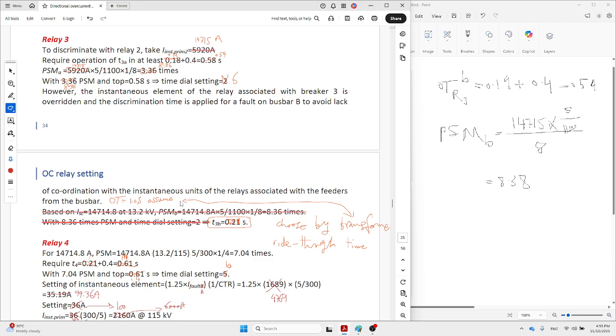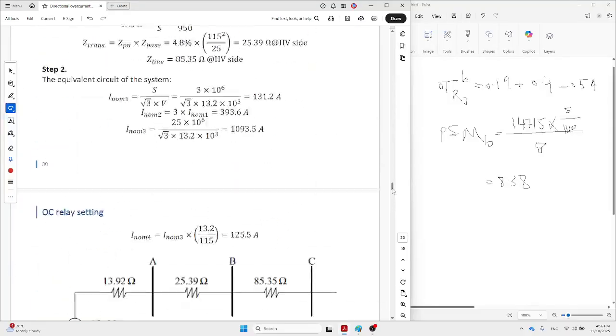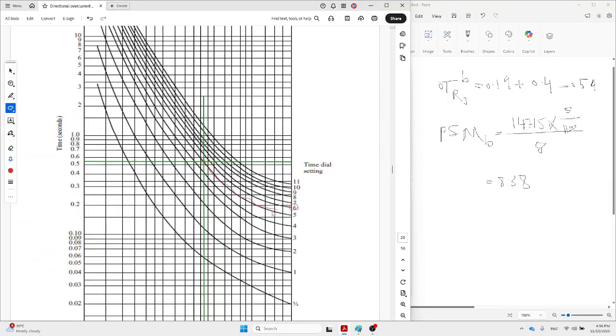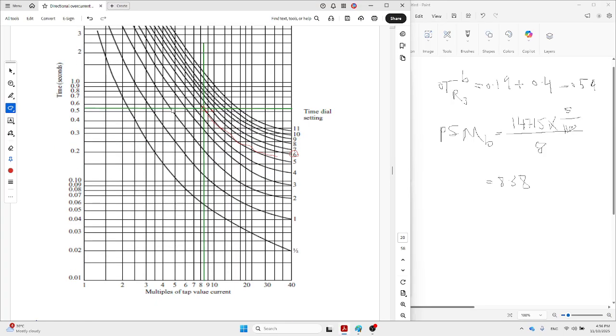So since we have this, the operating time of this, and then considering the selected time dial setting, you can find out the PSM or the operating time of the relay. The operating time of the relay right now is 6 selected, which is not an important one, but you can double check again.